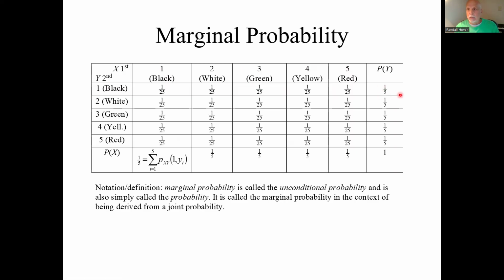We call those the marginal probabilities now. You could just call them normal probabilities or unconditional probabilities, but in the context of a joint probability, we call them marginal probabilities. We can calculate them from the joint distribution.